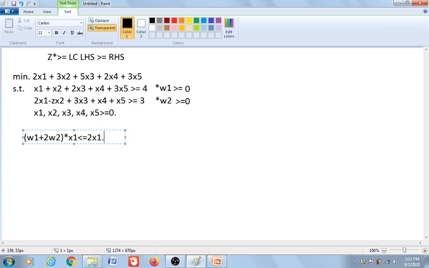Since x1 is a positive number, the sign will not change.